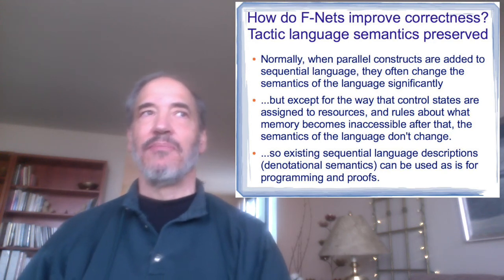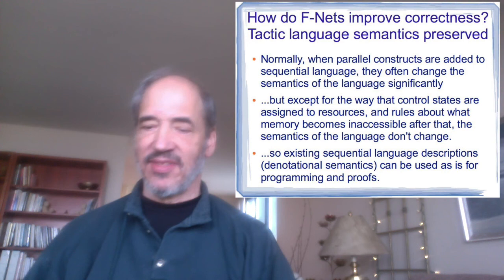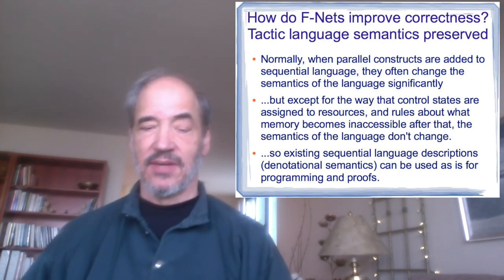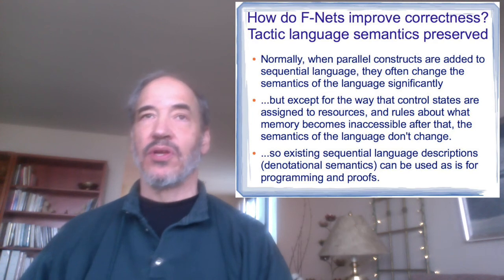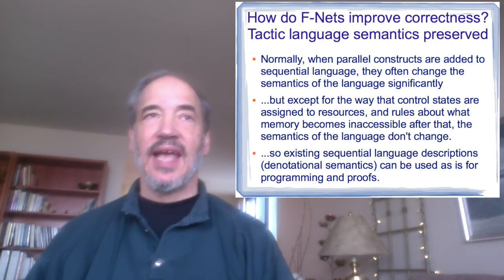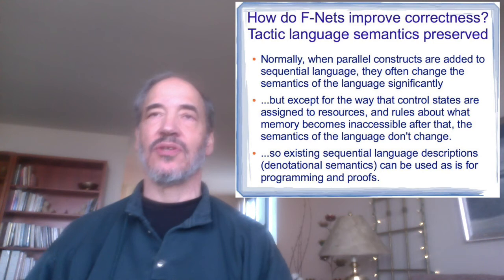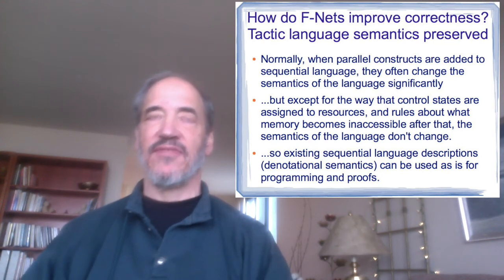Suddenly, memory can change when nothing in your process has changed it because it's being changed elsewhere, for example. Or your program may block and it may only unblock based on something that's happening somewhere else, and therefore that's not part of your standard sequential language definition, the semantics of your sequential language.